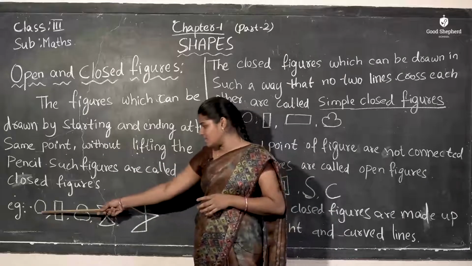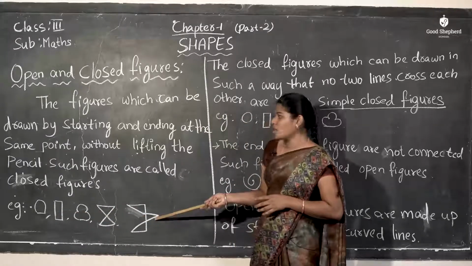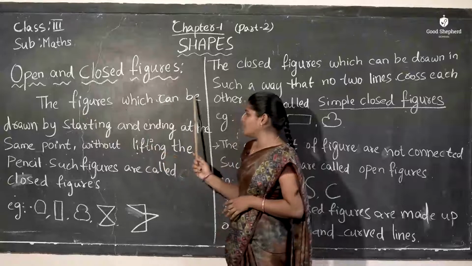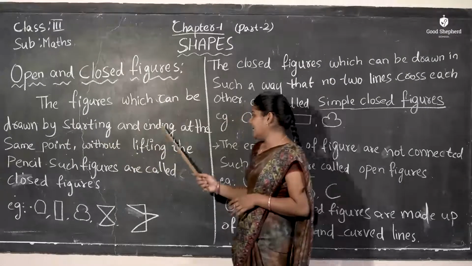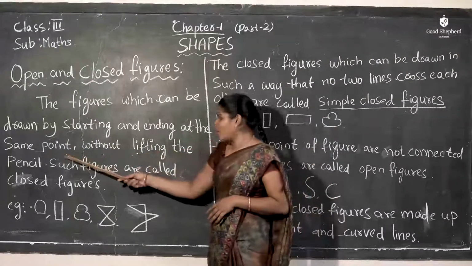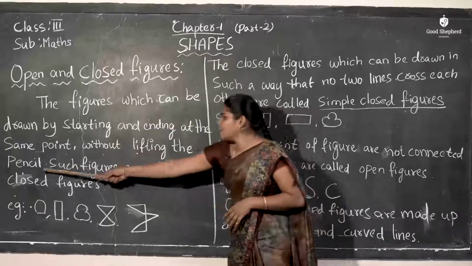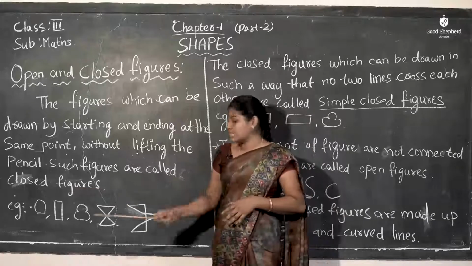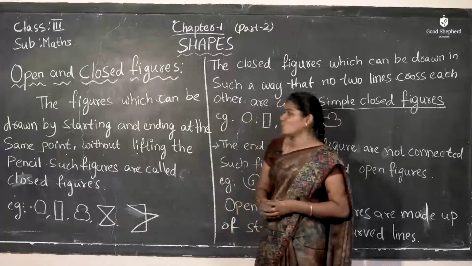Examples are these. Once again, the figures which can be drawn by starting and ending at the same point without lifting the pencil are called closed figures. These are the examples of closed figures.